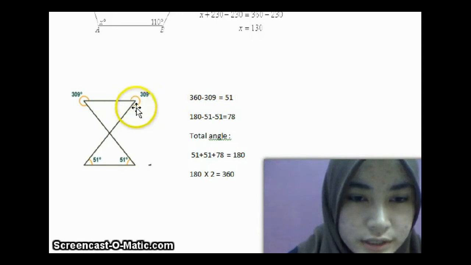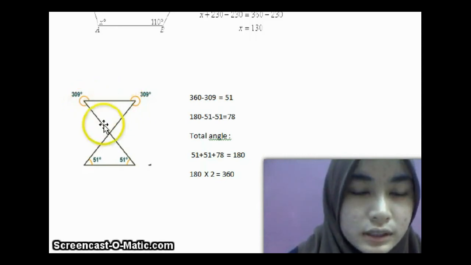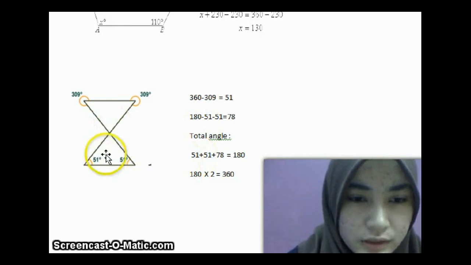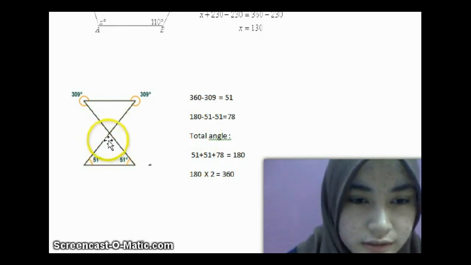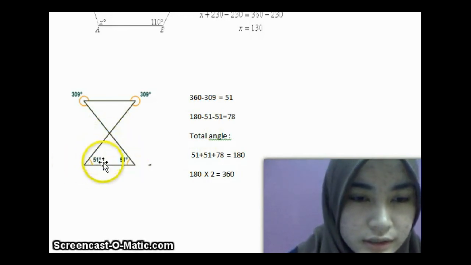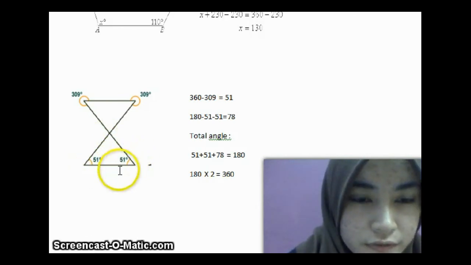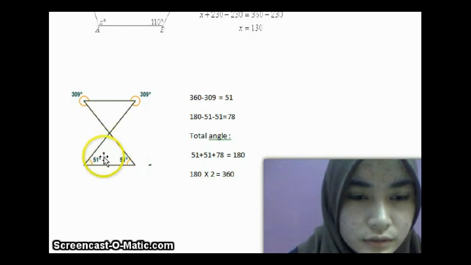Here also the same, and here is 180 degrees because the total angle for a triangle is 180, so we just need to subtract 51 and 51 from 180, so we can get 78. Same here, 180 minus 51 and minus 51, so we can get 78 also.